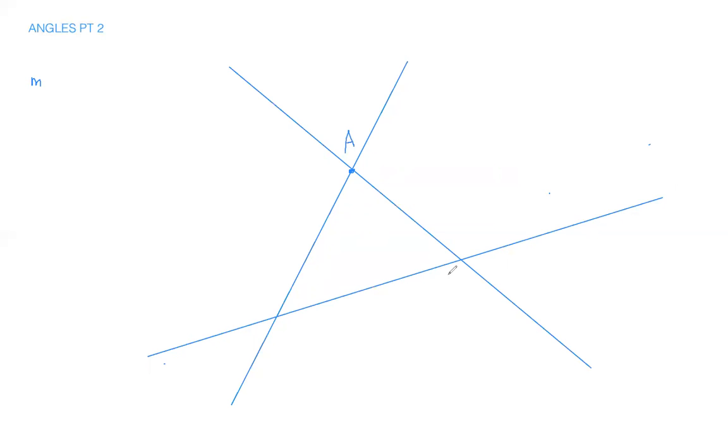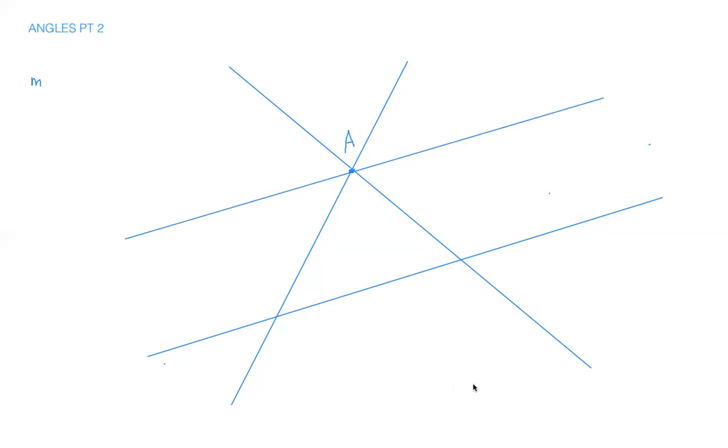We have a line, a point that is not on the line. So, given the parallel postulate, we have that there exists exactly one line that cuts through A that will be parallel to this line right here.